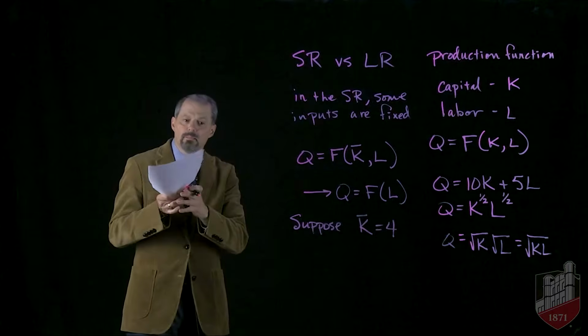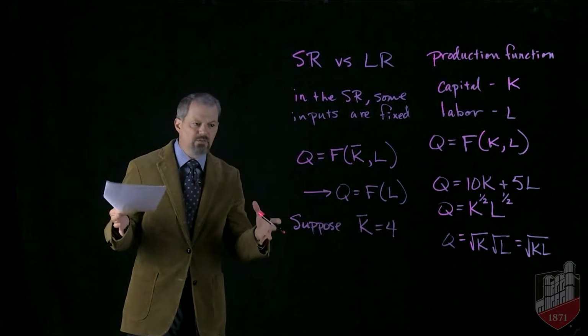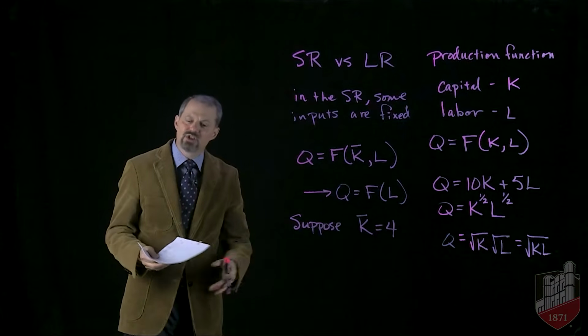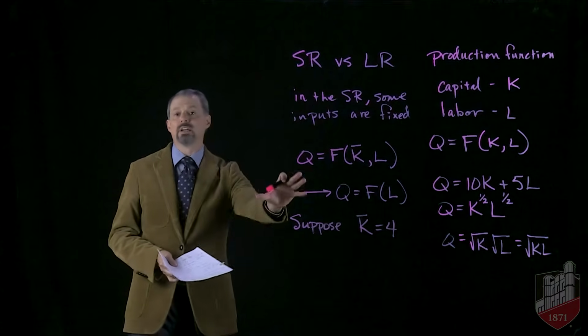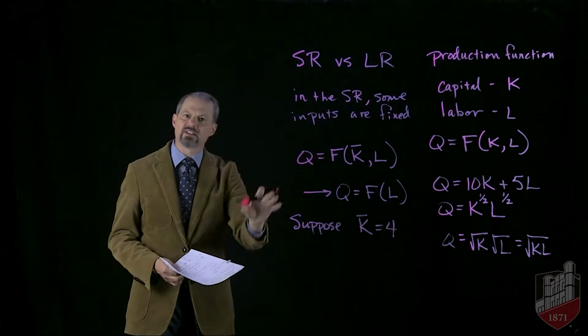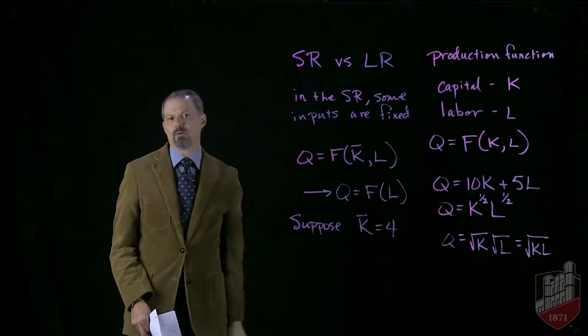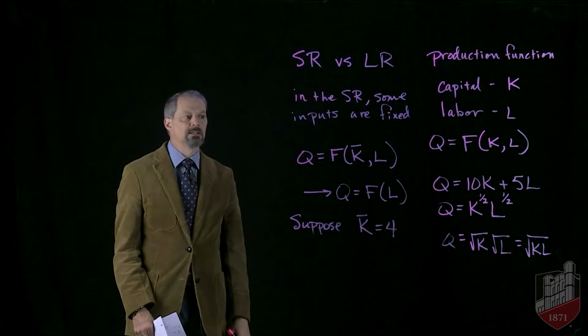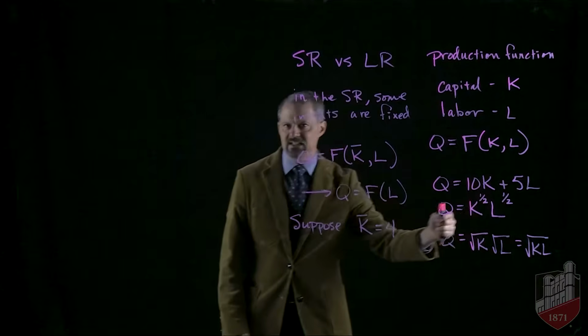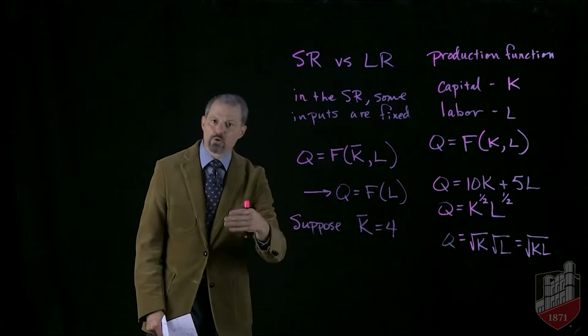Maybe that's manufacturing machines that we've got, 4 machines, and we can't get a 5th machine instantaneously. Maybe we could order it, and it could be manufactured and delivered to us in 6 months. But for right now, we're stuck with the 4 machines. And I chose 4 because I can take the square root of that easily.